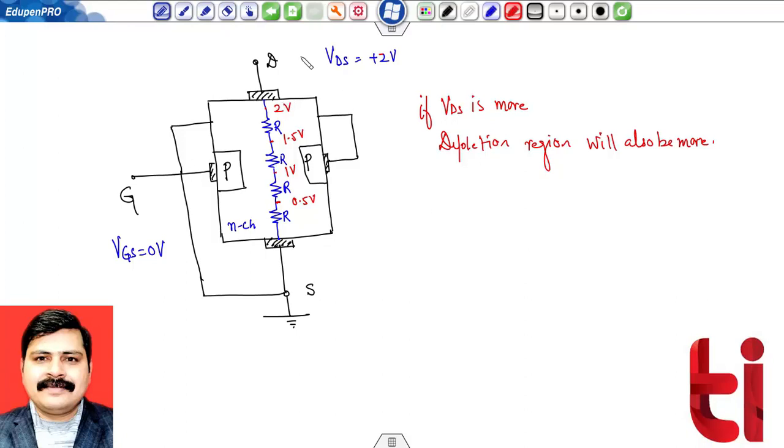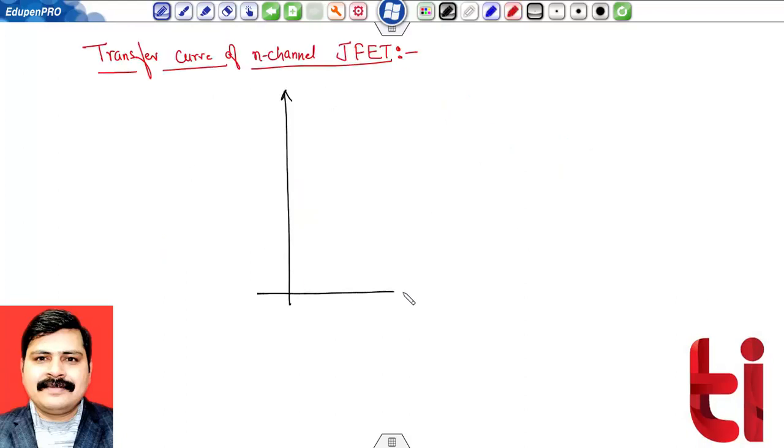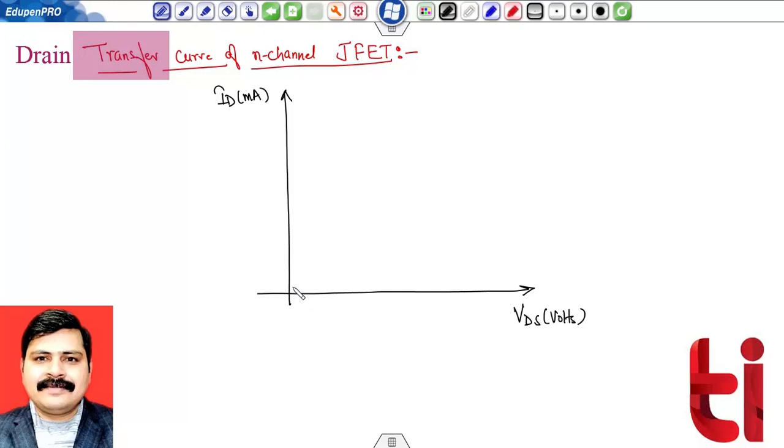Okay, a plot between drain current ID in milliamperes and the voltage VDS in volts, and this curve looks like this.